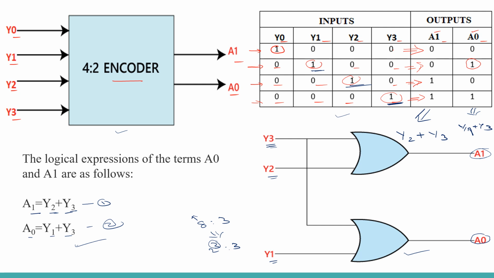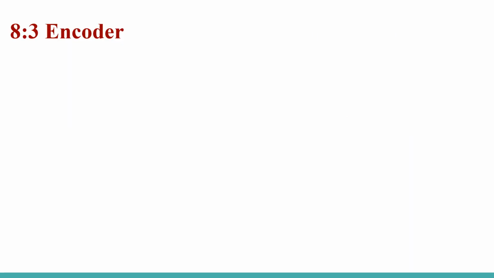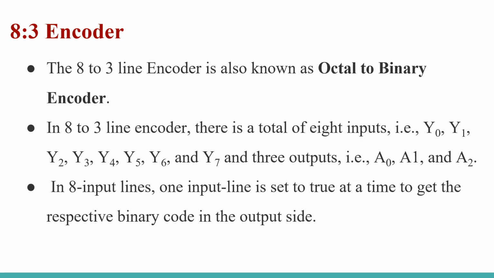That one I am now going to explain: the 8:3 encoder, the next example. Now see, the 8 to 3 line encoder, because of its 8 inputs, is also called an octal to binary encoder. 8 indicates octal.